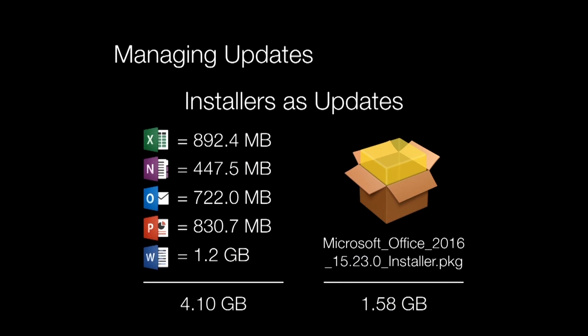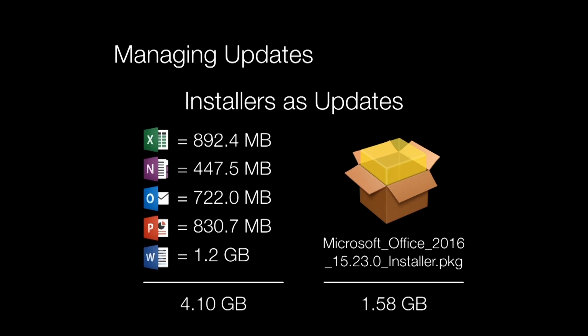Furthermore, you can deploy the SKU-less installers. Remember, that's the same one you would download from Office 365 too. Quite often, if you want to update the entire suite of applications, deploying the latest full installer as if it were an update might be smaller and faster than the sum of multiple individual applications.